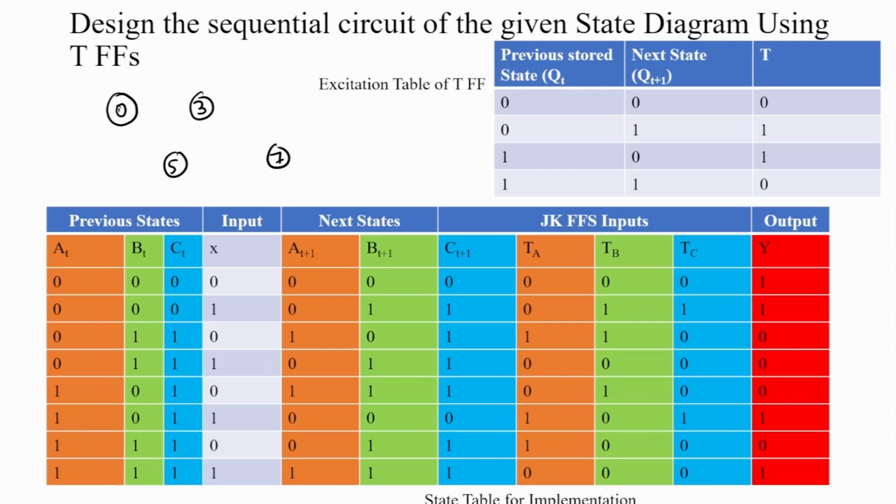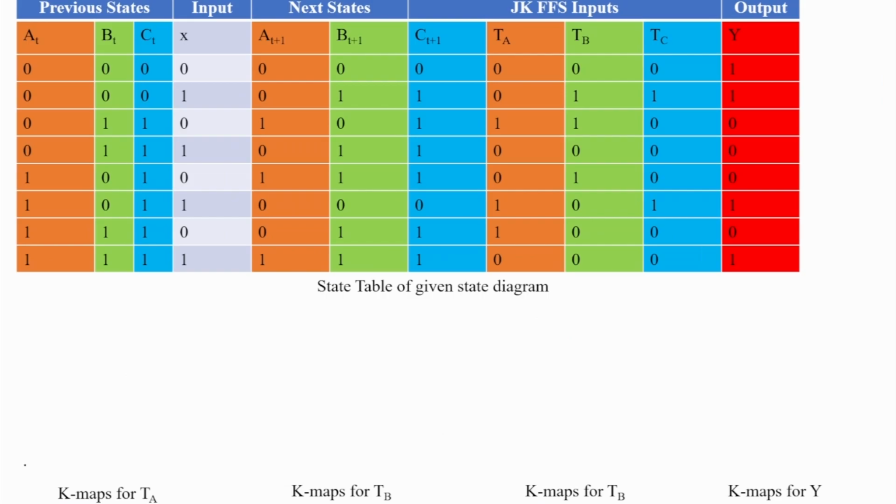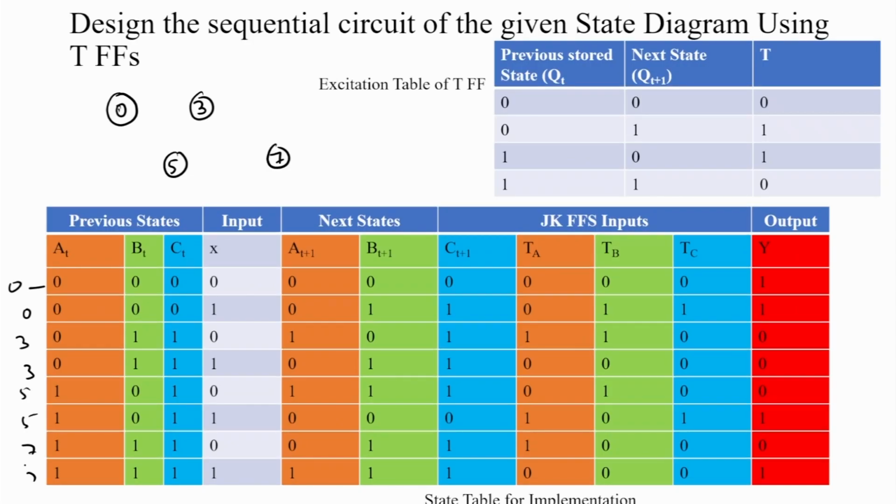What will be the next state when x is equal to 0? Here we see the previous states, 0, 3, 5 and 7, which means only the states 0, 3, 5 and 7 are used.